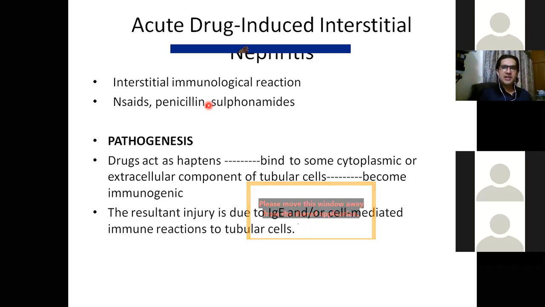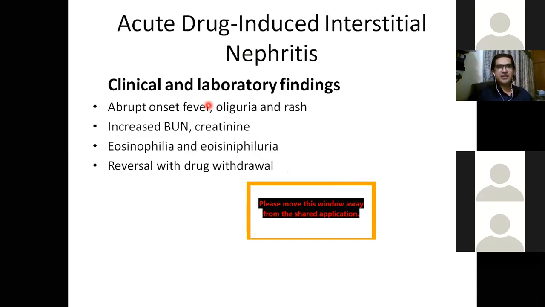And that leads to a type 1 hypersensitivity response, that is an IgE mediated hypersensitivity response. It leads to recruitment of eosinophils and mast cells, right? Eosinophils basically, and it leads to damage to the interstitium, right?